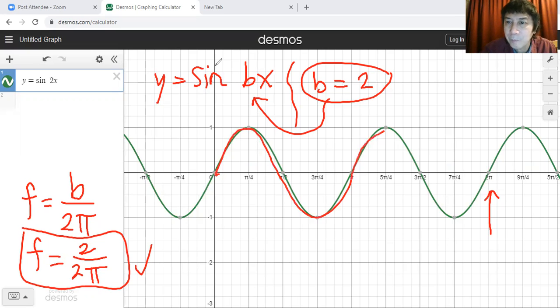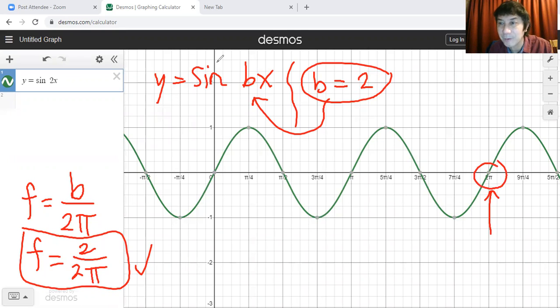1, 2. So there are 2 cycles for every 2 pi. So one complete period and then another. Let me clarify that. Here is your 2 pi, here is your 2 pi there.